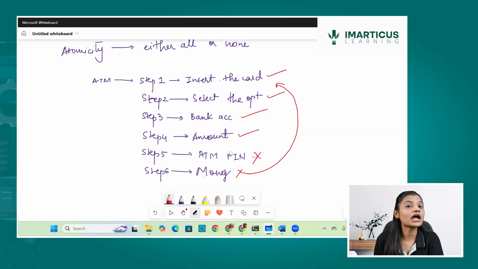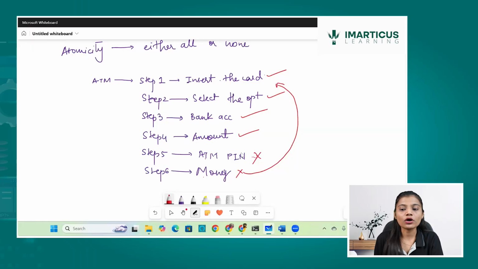And if you want to start again, you have to roll back or go to the first step. So if I enter a wrong PIN, the ATM machine will say wrong PIN entered, cannot do it, and it will release my card. So if I want to remove the amount again, I just have to repeat the steps again. That is the meaning of atomicity in simple terms. That is the meaning of either all or none.